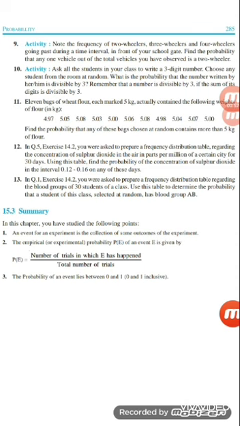Find the probability that any of these bags chosen at random contains more than 5 kg of flour. So first we see all the weights and find out how many bags have more than 5 kg of flour.